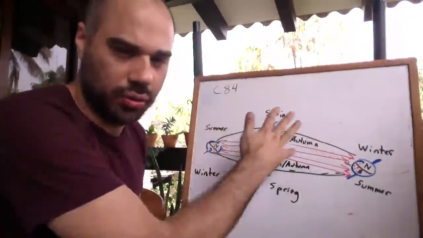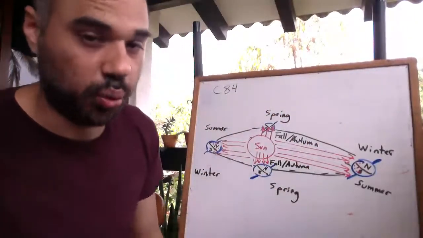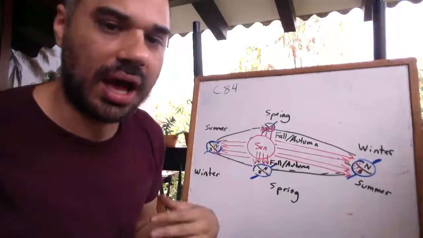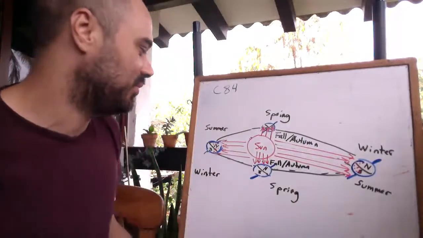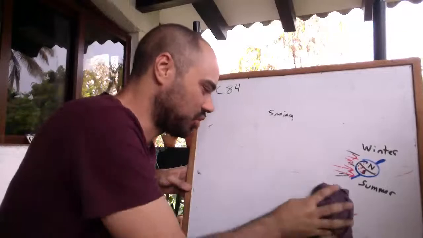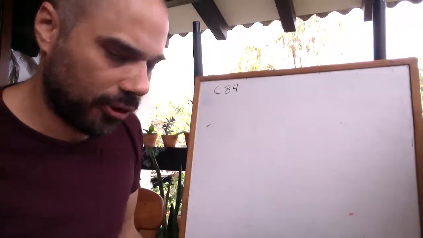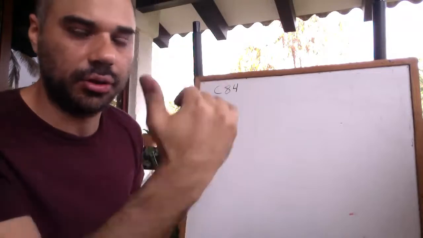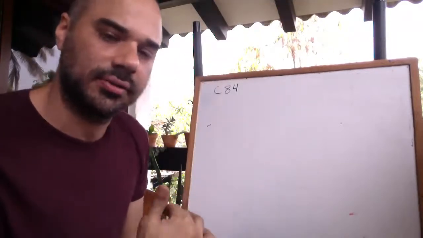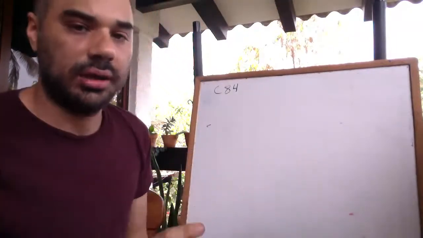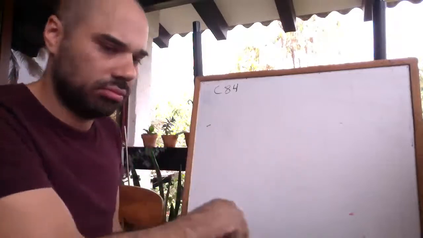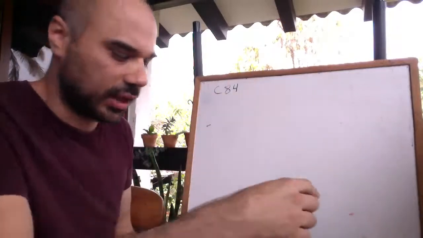Let me show you how it would be possible to have all the seasons at the same time. Because of this angle that we saw before, the northern hemisphere has a different season from the southern hemisphere, and the seasons are changing forever. You know, it's a cycle.